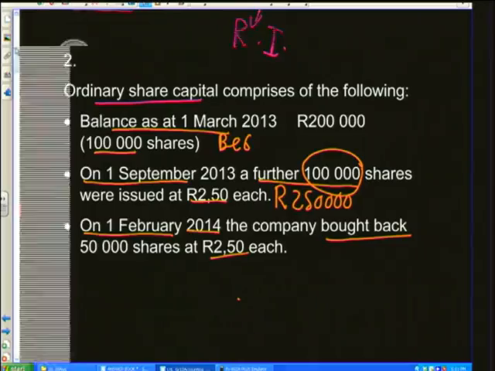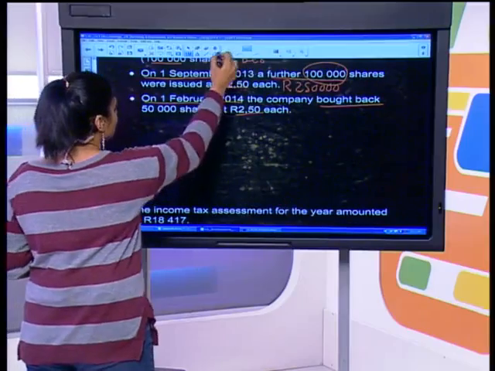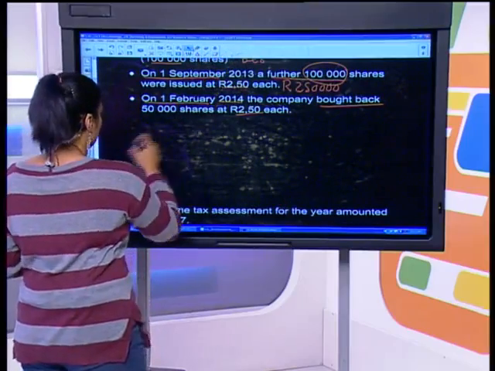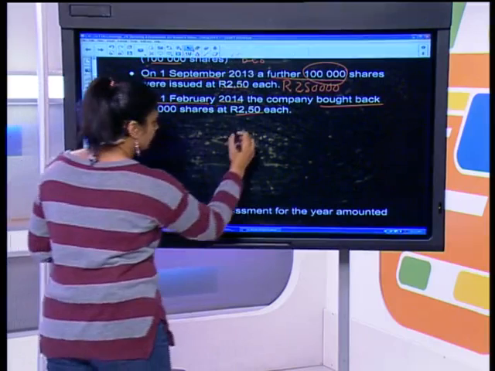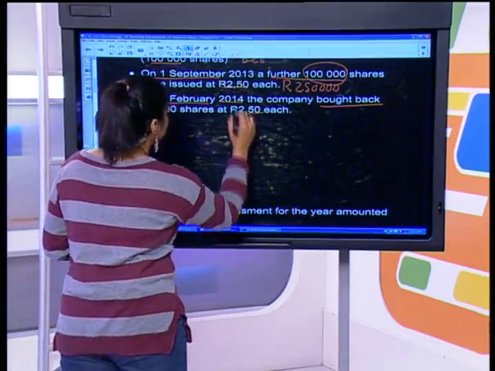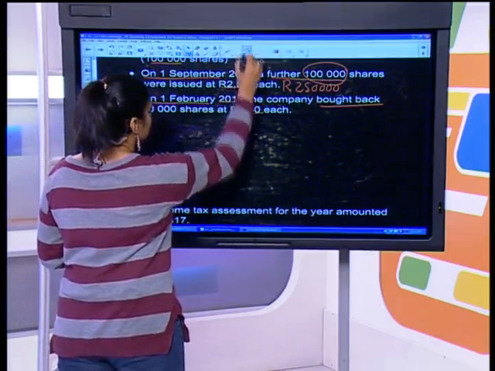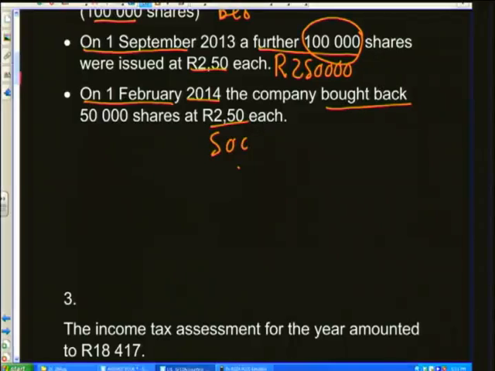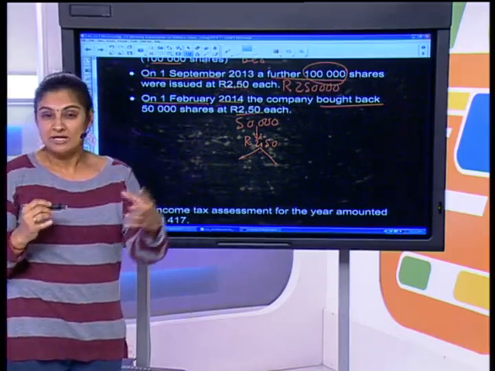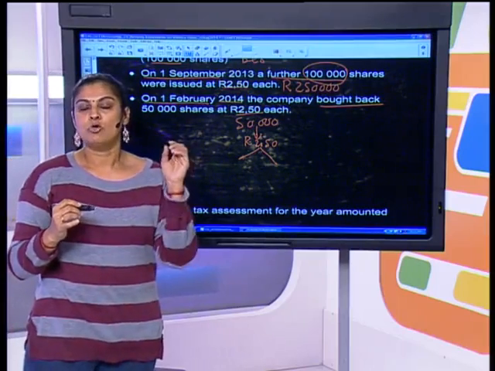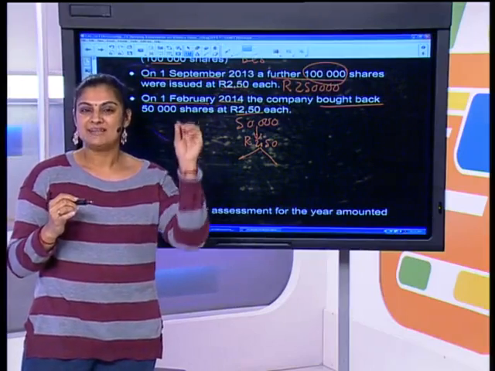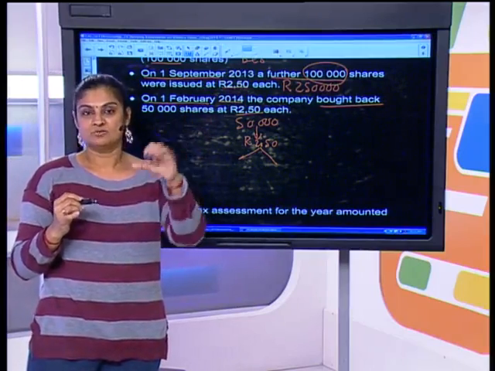Now remember guys, when you are looking at buyback of shares, let's just quickly, there we go. Right, when we're looking at buyback of shares, so we purchased 50,000 shares, and the buyback price was 2 Rand 50. Right, we're now going to look at our shares that were in issue before the buyback in order for us to calculate what was that average price in terms of our shares.